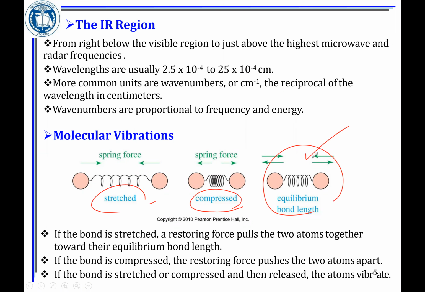When it's at the equilibrium, or when it's stretched, when you add the light, the bond length is going to change. So the distance between the two nuclei is going to change. That's the D, or the distance between the two nuclei.